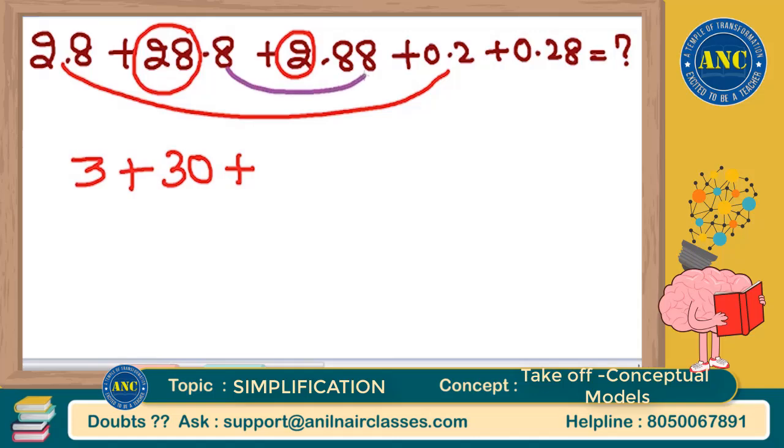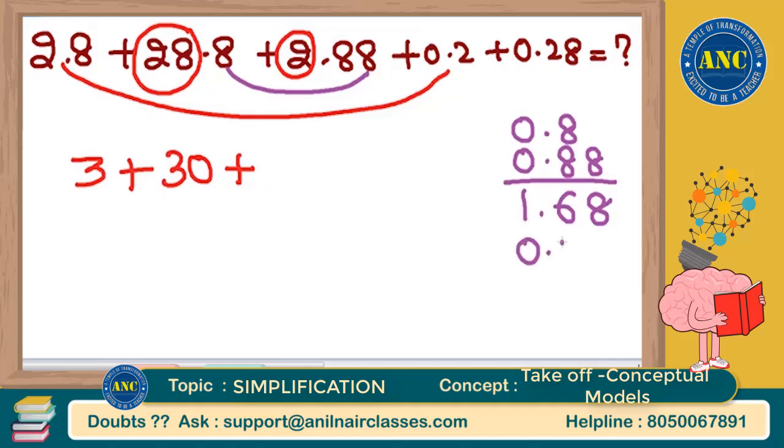0.8 plus 0.88. You know all these things already, sir. This is equal to 1.68. Add the remaining 0.28. In other words, I taught you a different logic to make it a little simpler this morning.